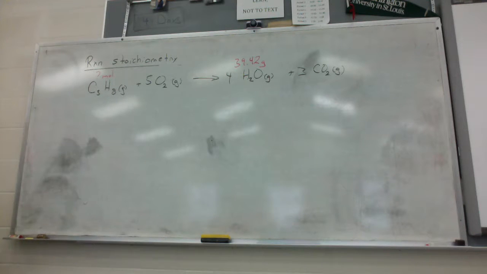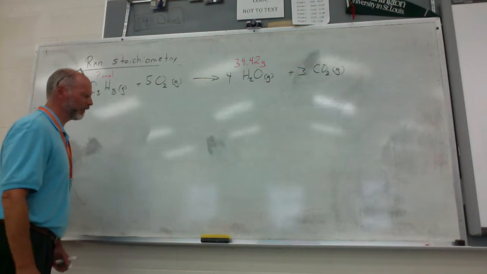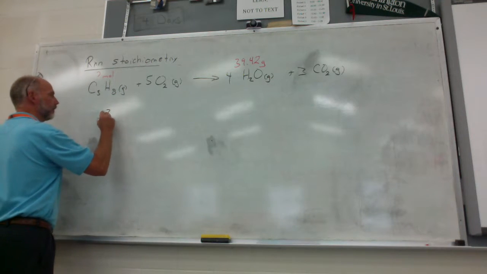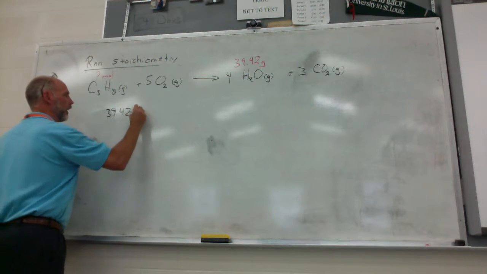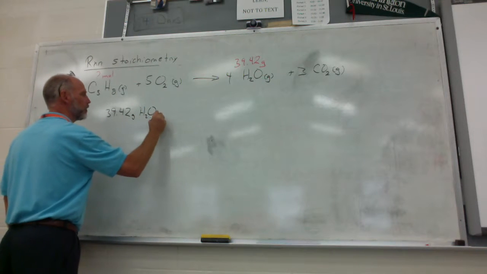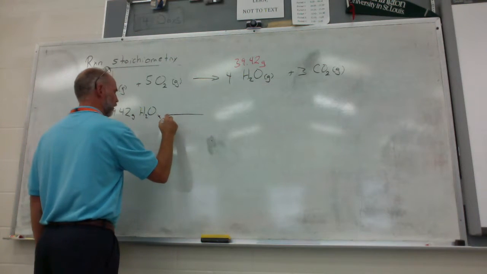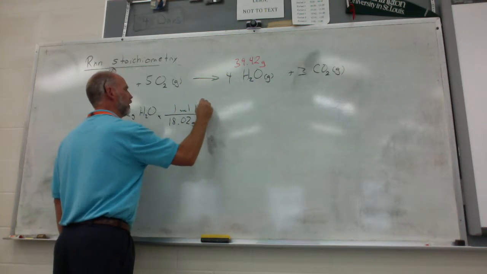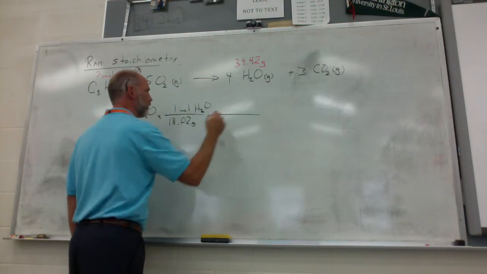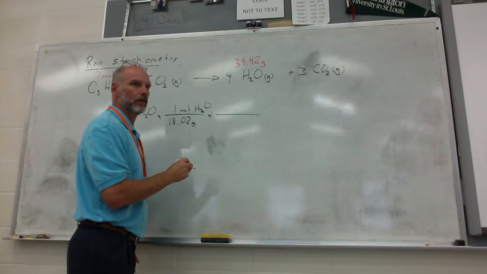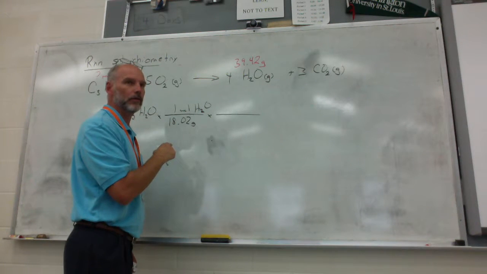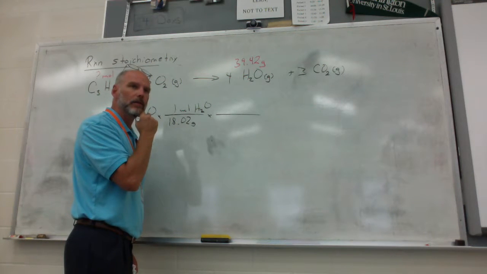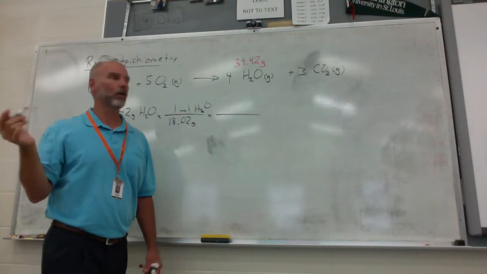All right. Holly, what do I start with? The 39.42 ratio. Okay. And Jared, what'd you do next? And Ashton, what did you do next? Maybe you didn't do it this way. Did you guys do stoichiometry? Very little bit. Okay.